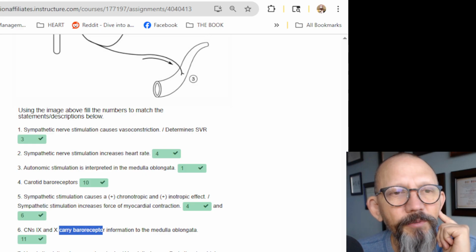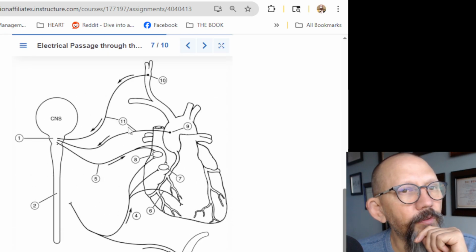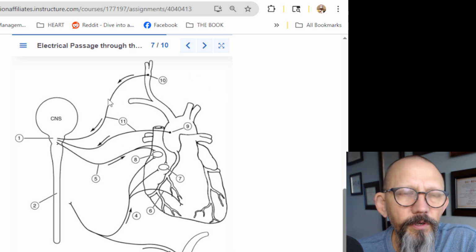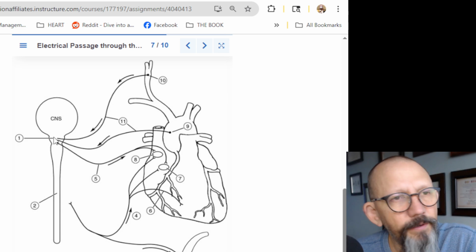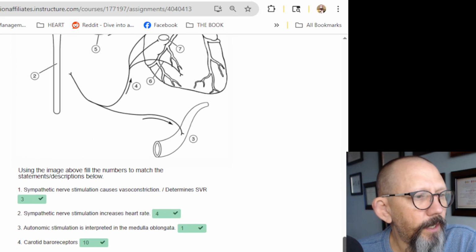Carry baroreceptor information to the medulla oblongata. Central nerves to the medulla. So anything going to the medulla oblongata is going to be up here. Hey, look at that. These 2 up at the top, that's 11. These are autonomic sensory to the medulla. There's medulla, number 1.